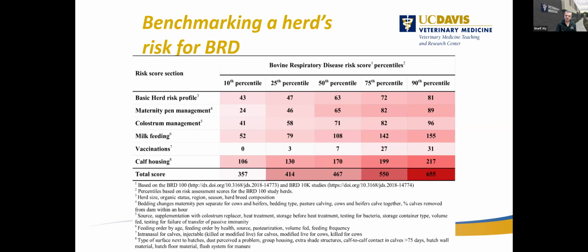The higher the numbers, the greater the risk, and that's the density of the red shade there in coloring. But also perhaps notice the range of scores. You can see that calf housing really maxes up into the 200s, versus, for example, something like vaccinations.